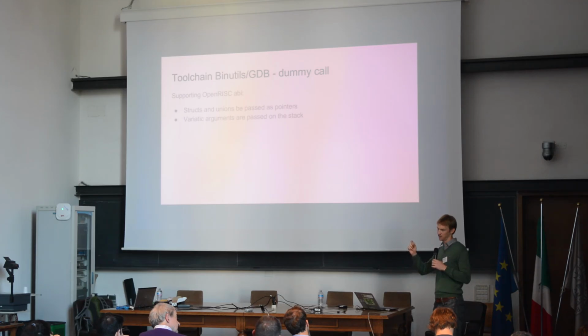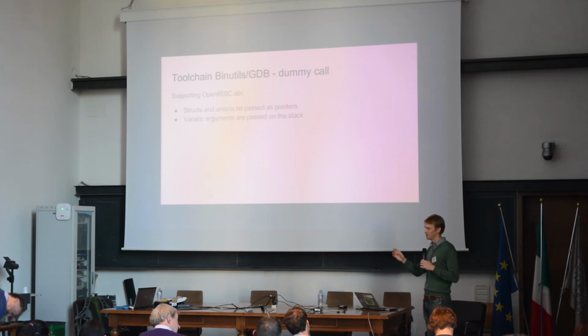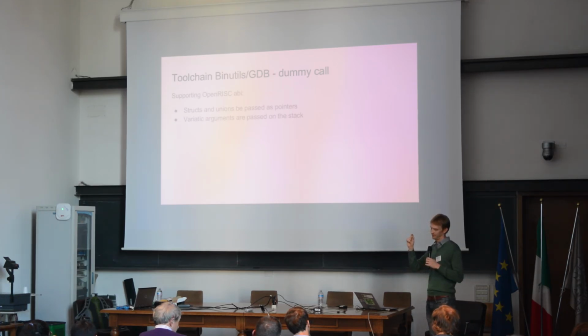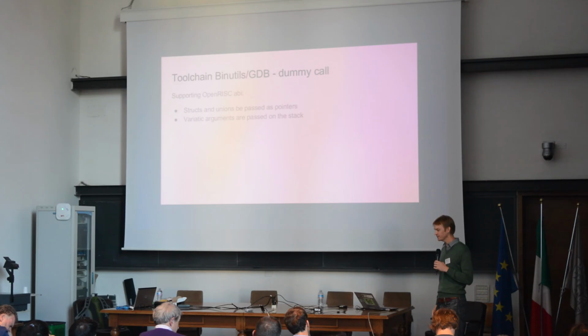You pass in a union, and the kernel gets the call in, and the arguments it expects to be on registers 3, 4, and 5, but it expects that the register is the actual union, but it's not. In OpenRISC, it's a pointer. So when it tries to dereference the union, it doesn't work.